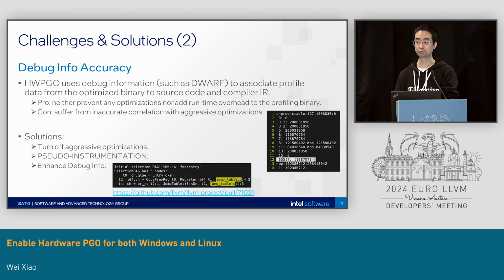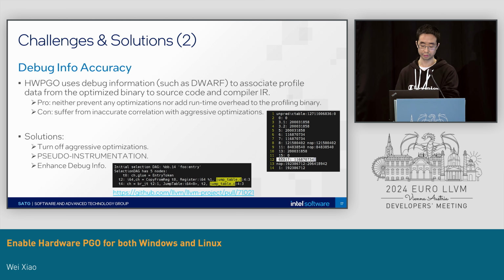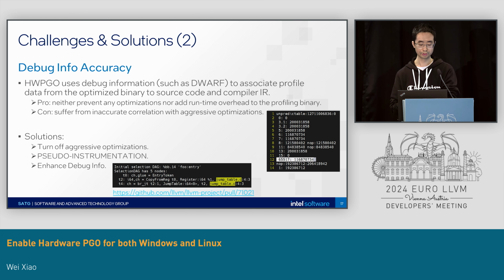We can also use the pseudo instrumentation proposed by Meta engineers, but the binary will still be a little different. We can also enhance the debug information module. For example, we just fixed one such bug in CodeGen for the indirect jump table. So we noticed there are a lot of such bugs in the community. So we call on the community to pay more attention to the debug information accuracy problem.